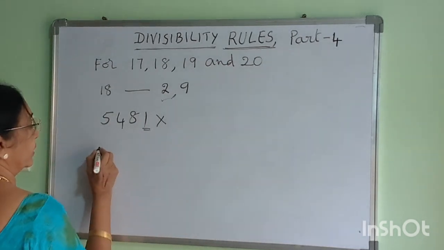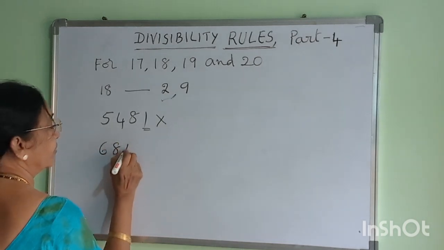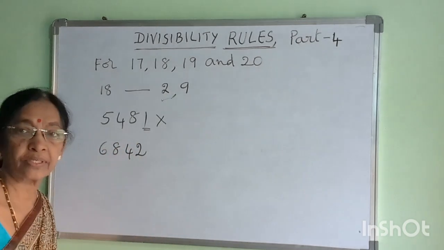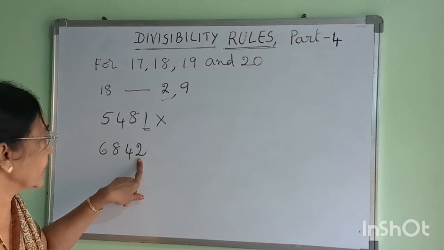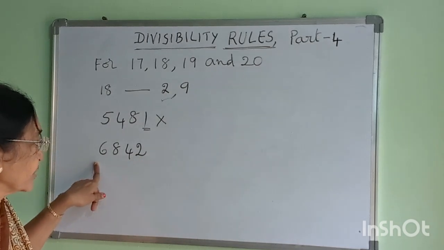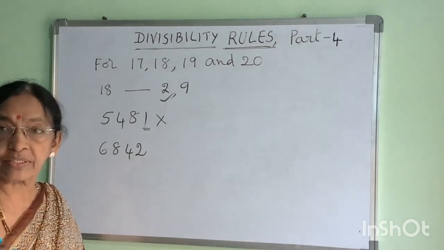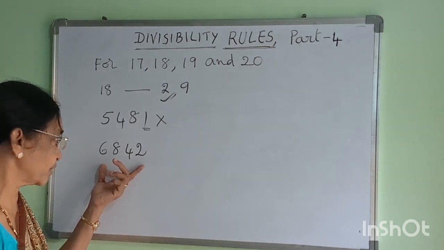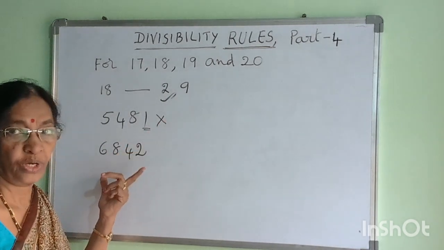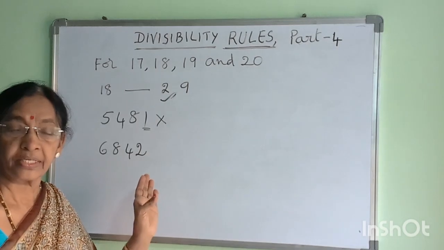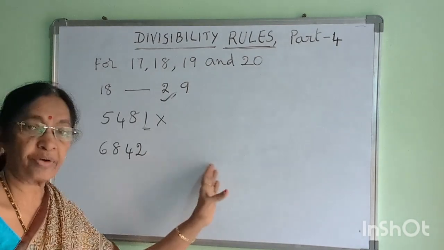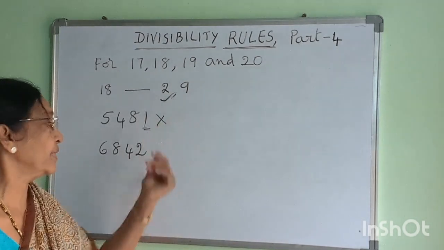Take another number, 6842. In the units place, there is 2, an even number. Therefore, this number is divisible by 2. Next, we will see whether this is divisible by 9 or not. If a number is to be divisible by 9, the sum of the digits must be divisible by 9.